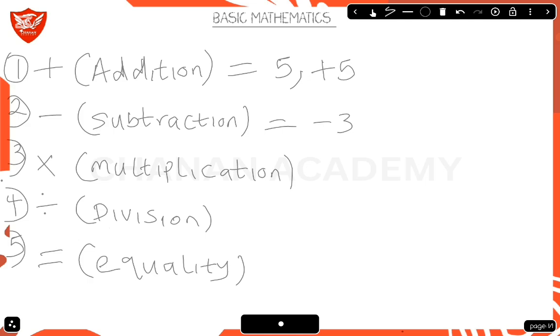Which means, for example, if I say A is equal to B, it simply means if A is equal to 5, B is also equal to 5. Whatsoever value I assign to A is the same thing as B.